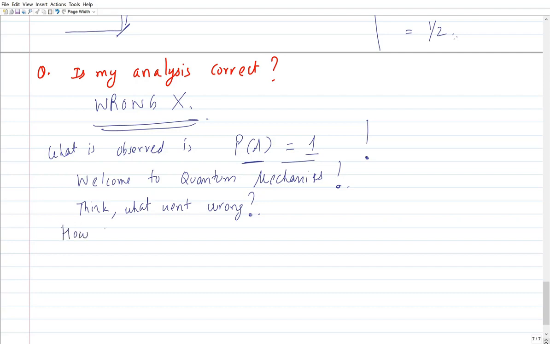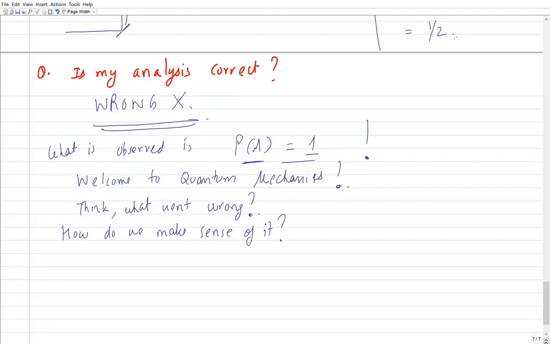How do we make sense of it? So the answer is in, well, why should I give you the answer right now? Just pause here for a minute and think about it.